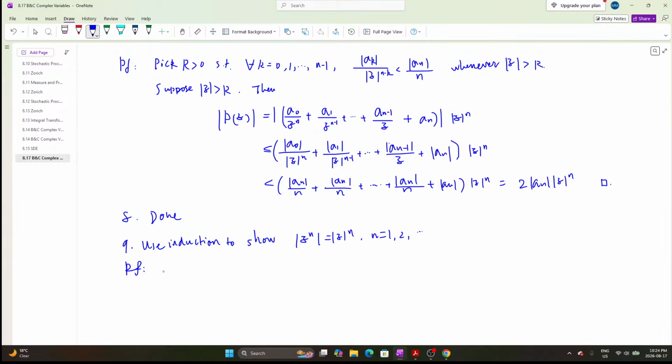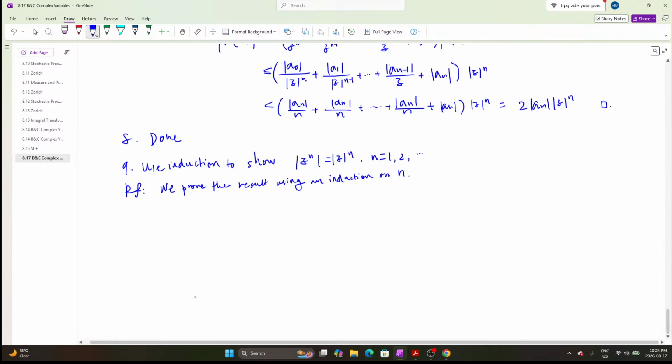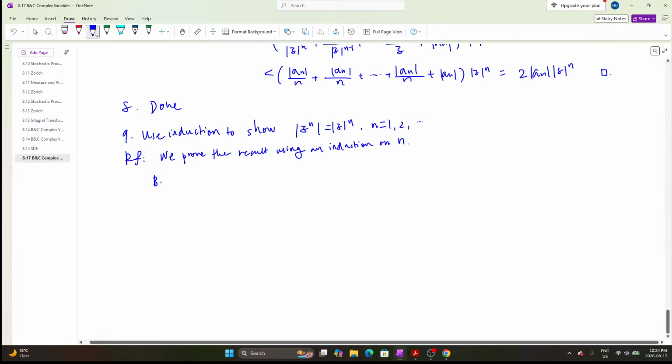So this is a proof. We prove the result using an induction on n. Okay, so here's the base case, n equals 2.